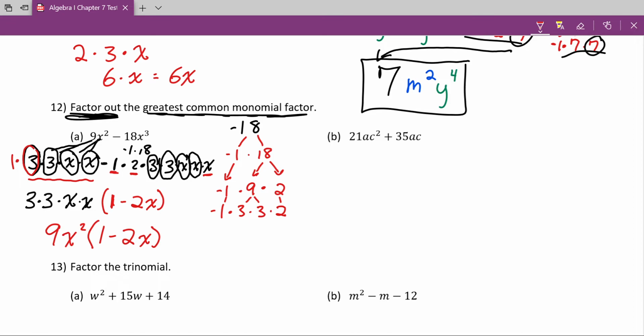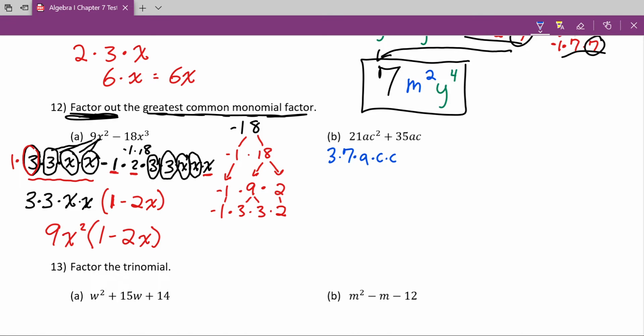We're going to go through 12b real quick. I think I'm just going to go through the long way as well. I think I'm going to skip that shortcut for now. So 12b, 21ac squared plus 35ac. I'm just going to break it down. 21, I know, is really just 3 times 7 times a times c times c.